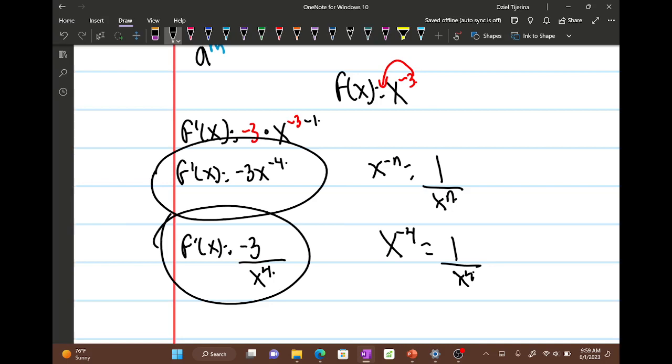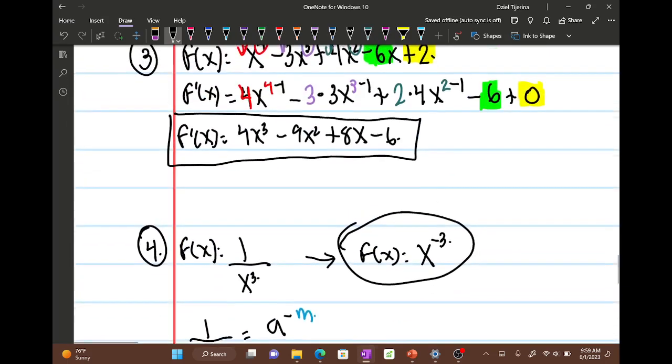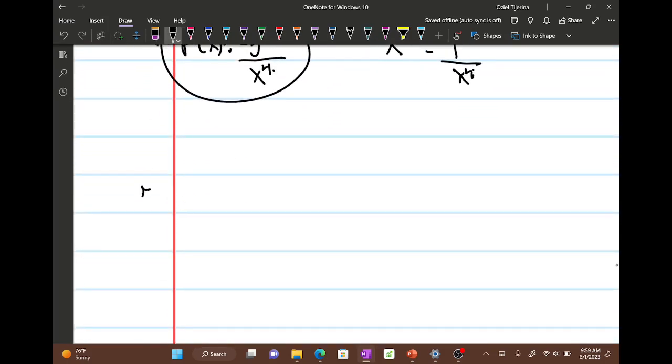And then there was another one that I wanted to go over, which was the square root function. So if you look at, for example, f of x is equal to the square root of x, in reality, we know that we can use power rule for this.